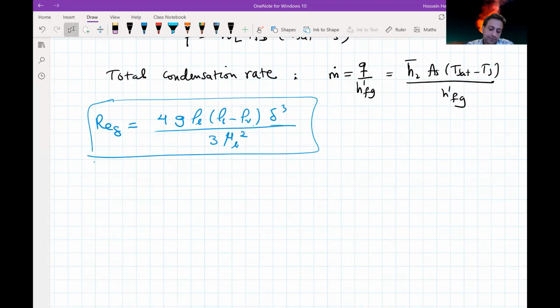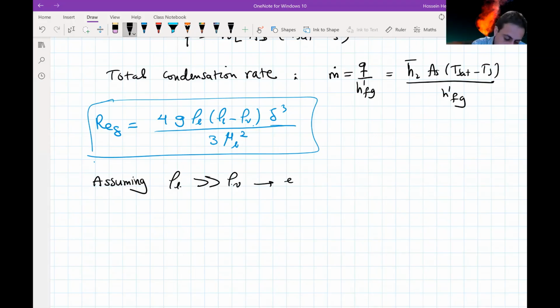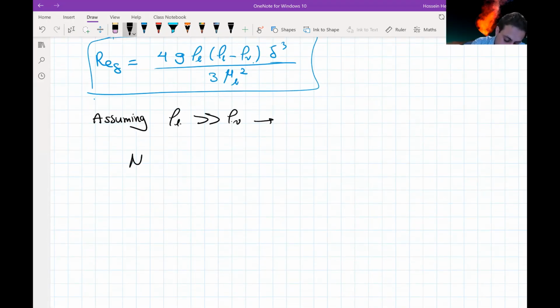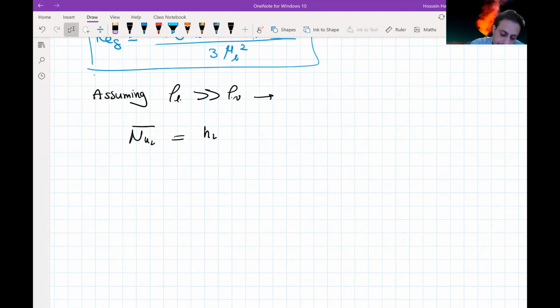Now, assuming the density of the liquid is much larger than the density of the vapor, we get expressions for the average Nusselt number for different flow regimes. The Nusselt number average for this system is defined based on h_L, the average heat transfer coefficient.